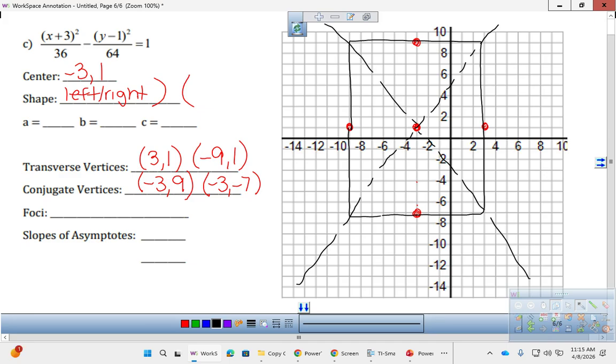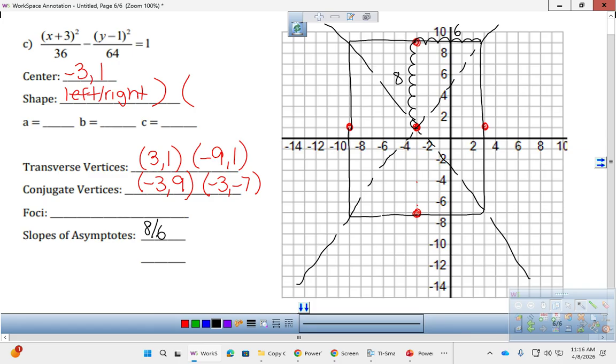Rise over run is going to give me the equations of these. 1, 2, 3, 4, 5, 6, 7, 8, which is the y radius, rise is y. 1, 2, 3, 4, 5, 6 is run, which is this radius. So I have 8 over 6, which is fine.